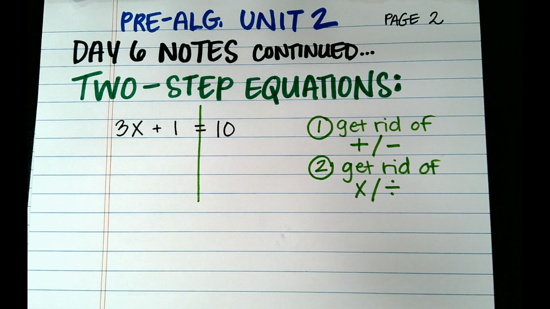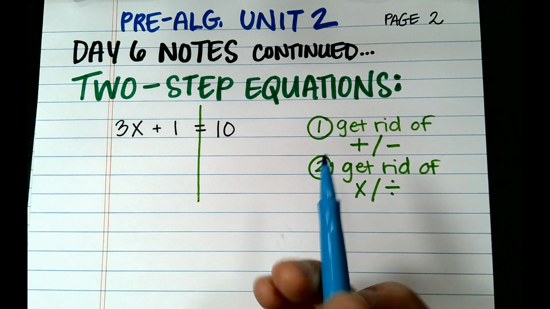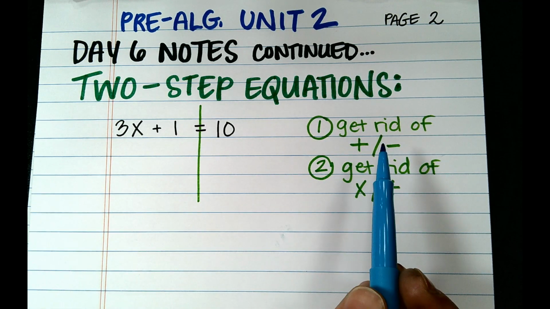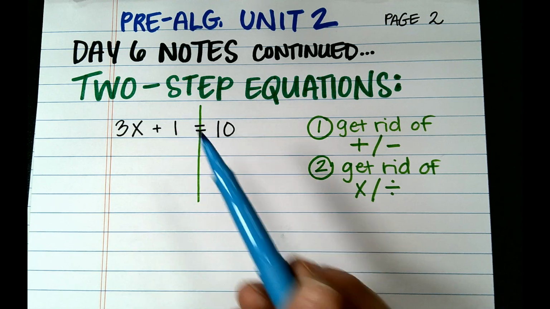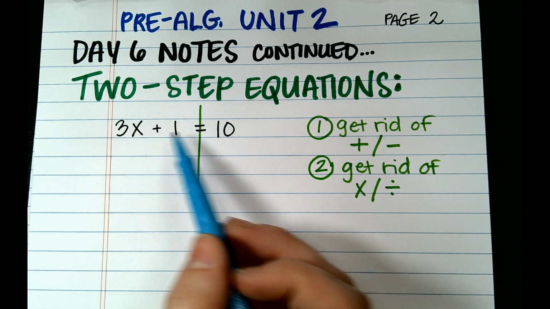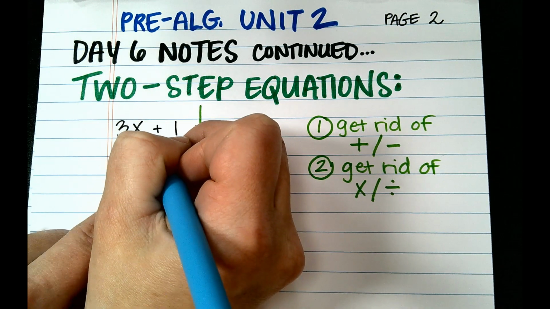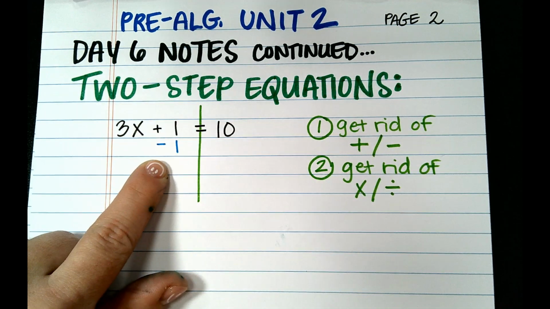So for this example, I want to see, is there any addition or subtraction I can get rid of first? Yes. There is. What is there? The 1. How do I get rid of plus 1? Subtract 1. We're going to do minus 1 on this side.